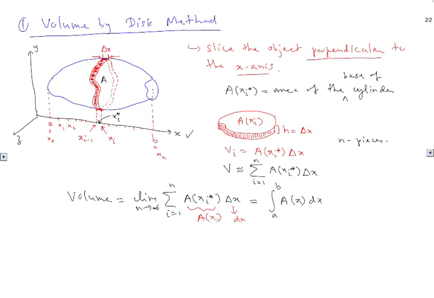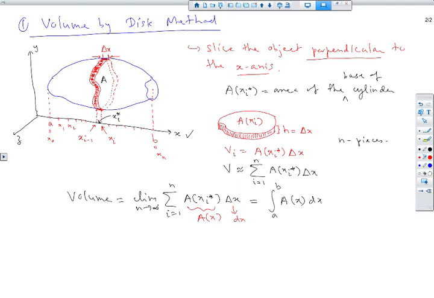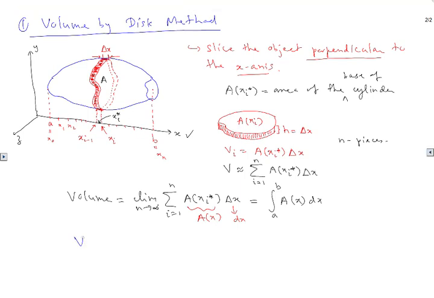So finally, the volume formula is, remember, the integral going from a to b of A(x) dx. This is for the disk method. To find the volume, you just find the base area and then integrate.